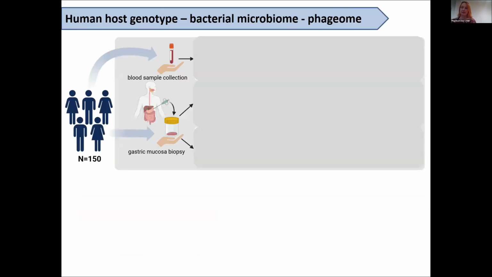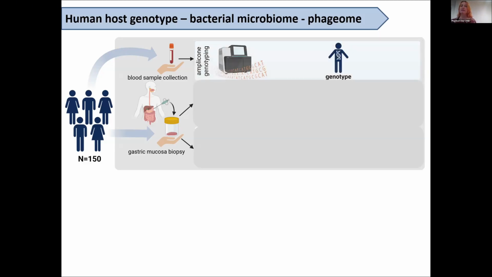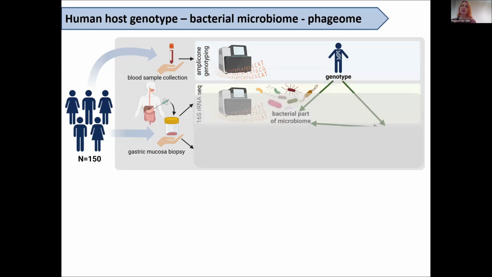In the first part, we wanted to see the cooperation between human genotype, bacterial microbiome, and phages. We invited volunteers who were donors of blood samples, and these blood samples were used to genotype and to look for specific SNPs that characterize the patients.